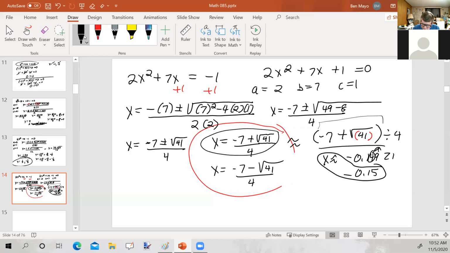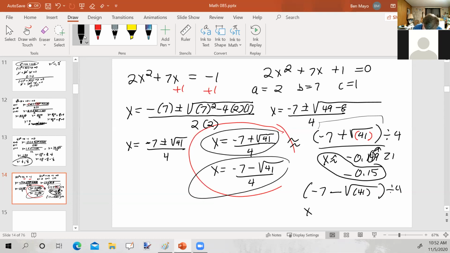Okay, now let's take a look at the bottom one. So again, parentheses -7 minus the square root of 41, close it up, divided by 4, and that gives me x is approximately -3.3507.